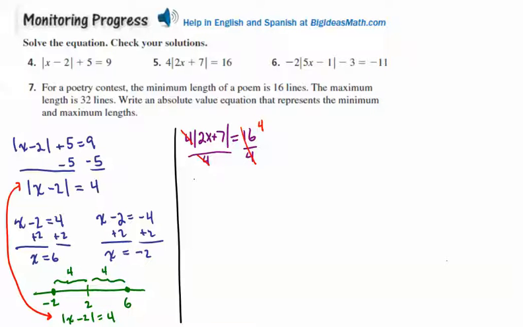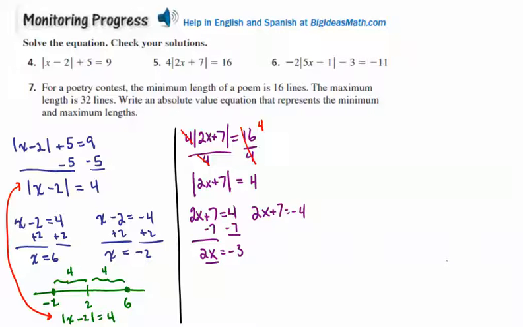And so now we have absolute value of 2x plus 7. Again, that's not 12x, but absolute value of 2x plus 7 is equal to 4. Setting up two equations, 2x plus 7 is 4. 2x plus 7 is negative 4. Solving by subtracting 7, and we get 2x equals negative 3. Dividing by 2, we get x is equal to negative 3/2.